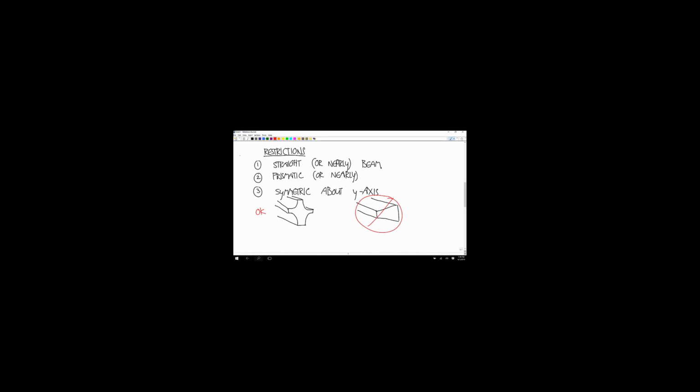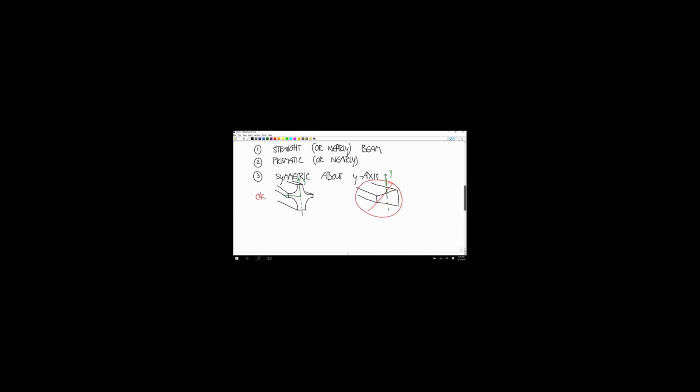That's fine because the y-axis is this. Well, it depends how it's oriented relative to the bending moment. But this is the y-axis, so that's the key axis of symmetry. And good luck finding beams like this. All right, so now we need to define neutral axis.